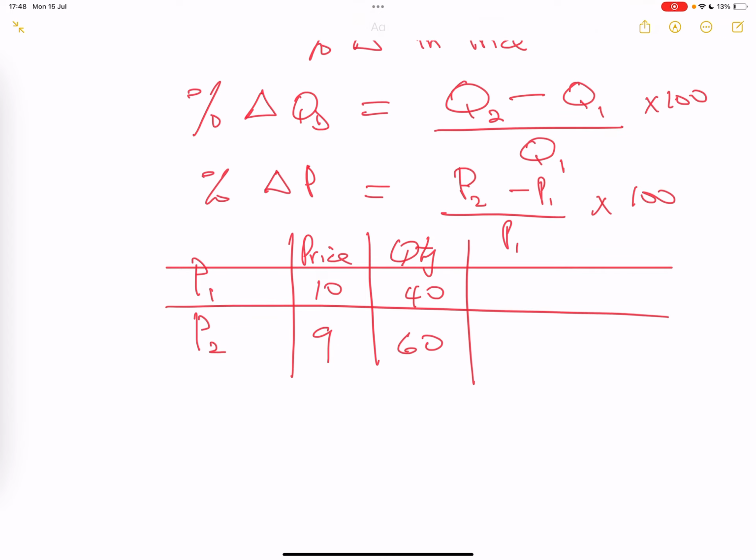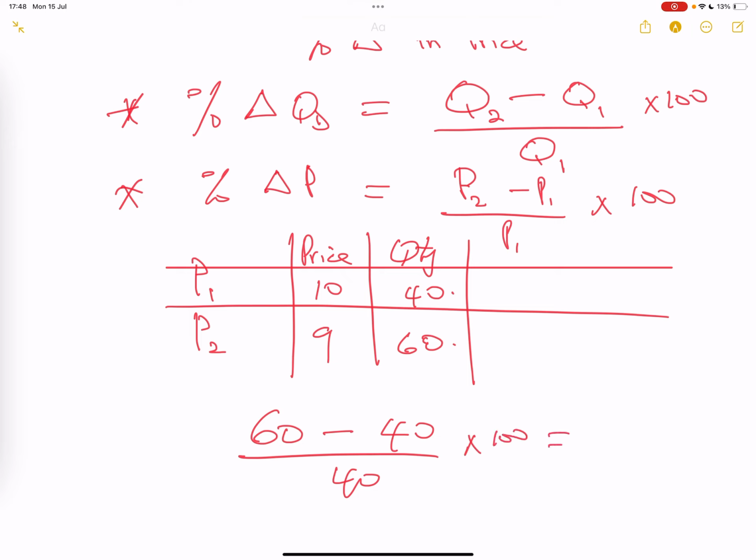For this, let's calculate price elasticity of demand. So the first thing we need to calculate is the percentage change in quantity demanded and percentage change in price. So quantity has changed from 40 to 60. So old quantity is 40, sorry, new quantity is 60. Which means new quantity minus old quantity divided by old quantity times 100. And that's equal to 20 over 40 times 100. That's half of 100, and that is 50%.